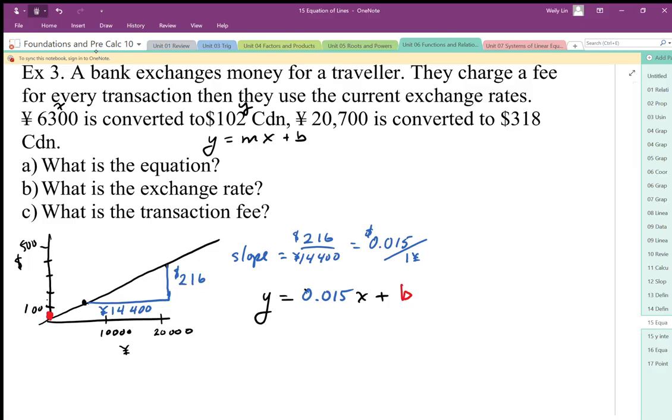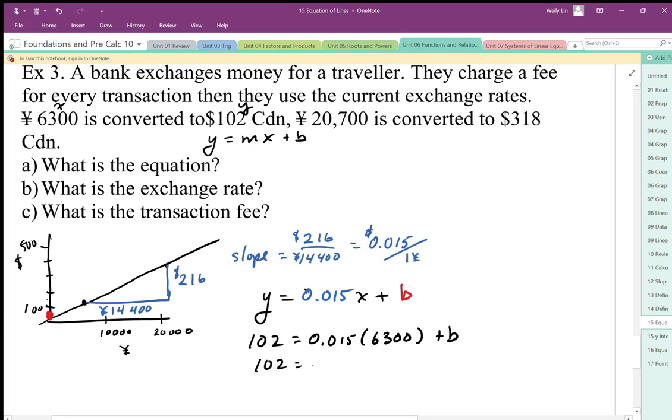So to calculate our b, we plug in an x and y pair. So I'm going to plug in $102 for Canadian dollars, and that goes with 6,300 yen. That leaves me with just b to solve for. So I'm going to times 0.015 by 6,300.